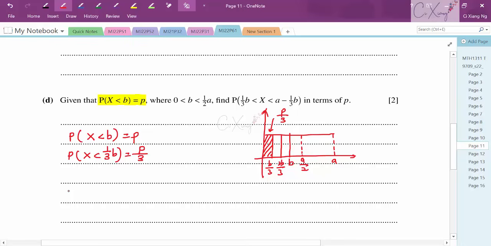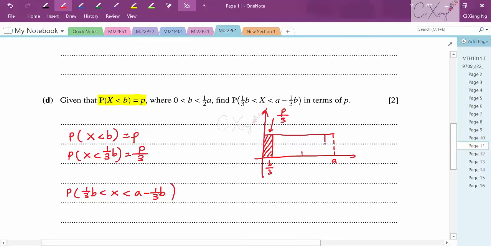And now let's find the probability from b over 3 until a minus b over 3. Let me cancel off everything that I don't want. Since we know that b over 3 has the probability of p over 3, the value a minus b over 3 will be a minus this distance.